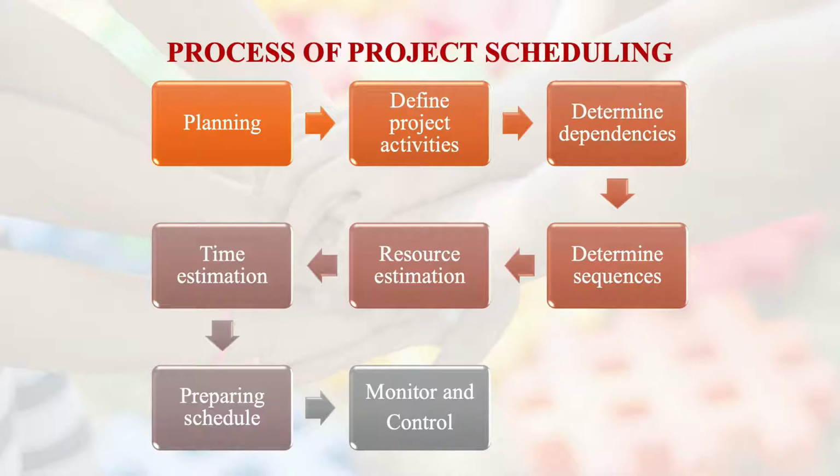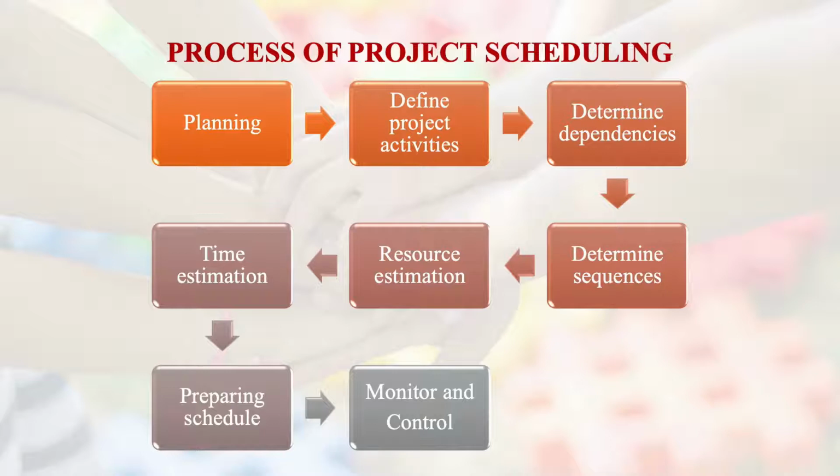Then what is the process of project scheduling? Well, project scheduling also starts with the process of planning, right? Once you do a basic planning for the project, then the next stage is to define project activities. So what would be the basic activities which you will be required to do?